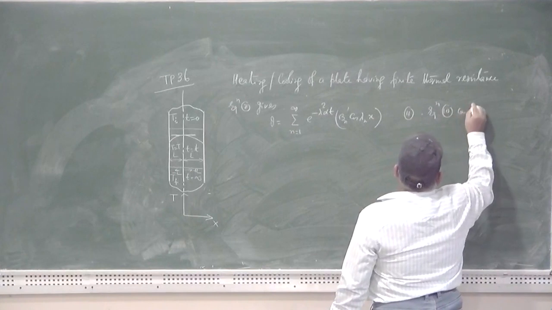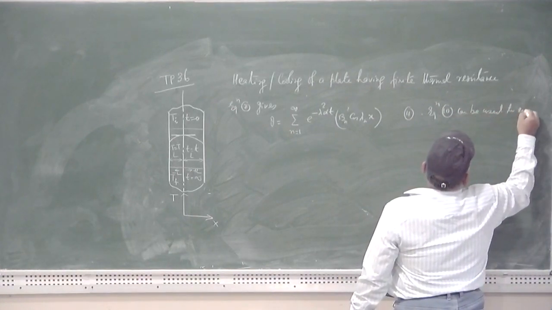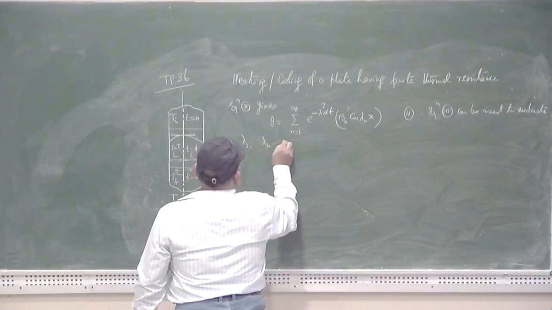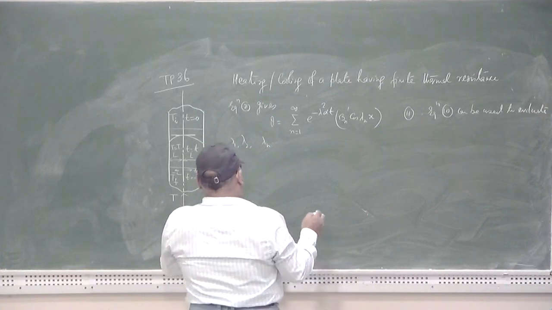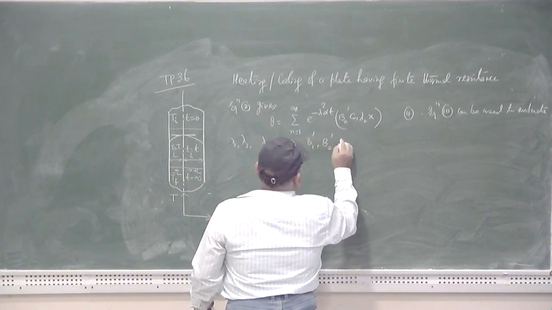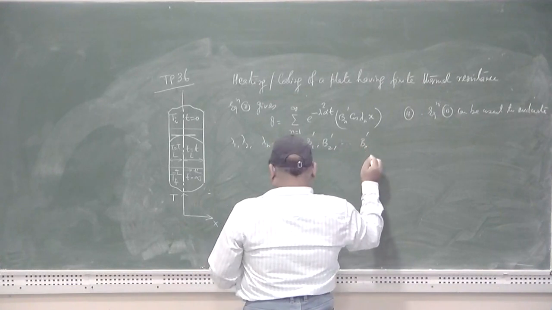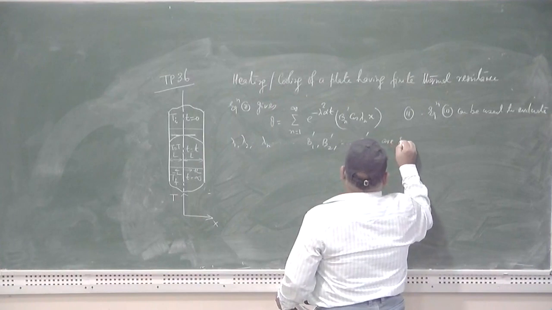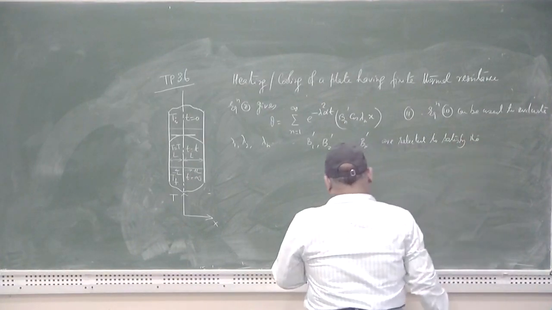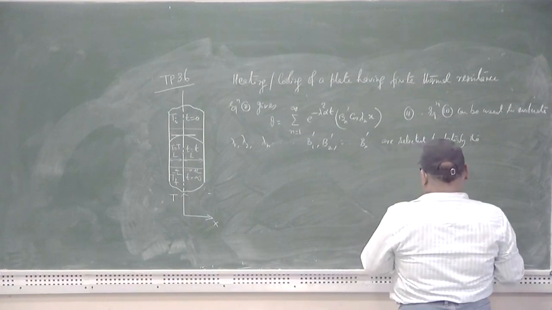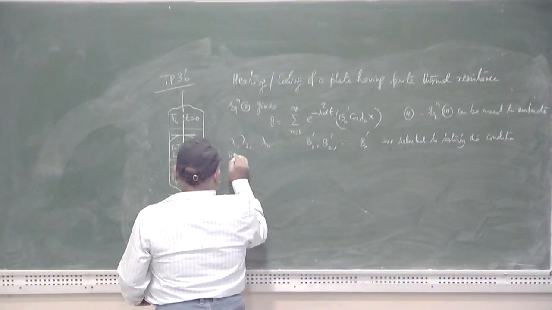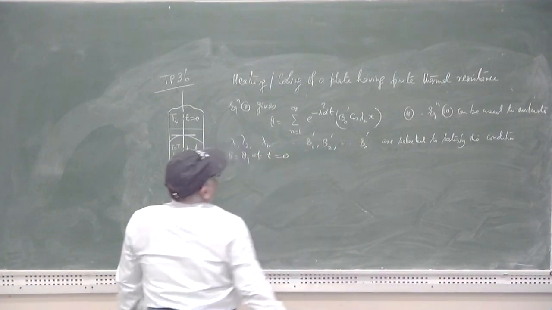Equation number 10 can be used to evaluate lambda 1, lambda 2, lambda 3 and so on. b1 dash, b2 dash, and so on up to bn dash are selected to satisfy the first condition, that is theta equal to theta 1 at t equal to 0.